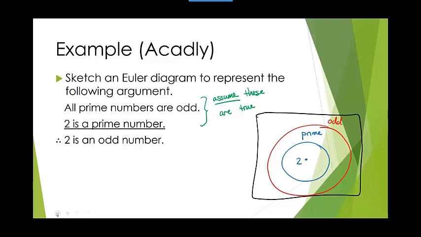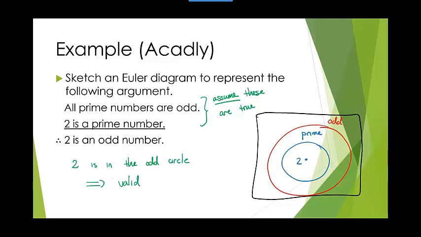And I didn't actually ask you, but with this, can we say that the argument is valid or invalid? And since where we've drawn the 2, that is in the odd circle, that means that the argument is valid.